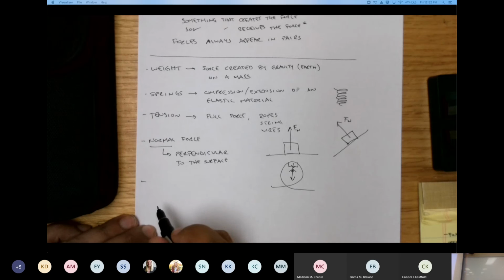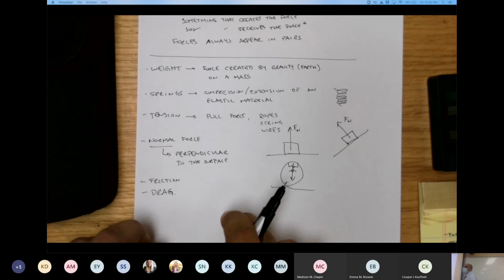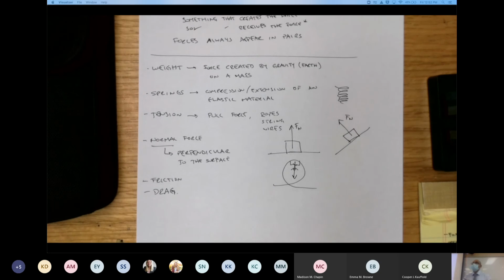The next two are kind of similar: friction and drag. Alex, what do you know about friction or drag?